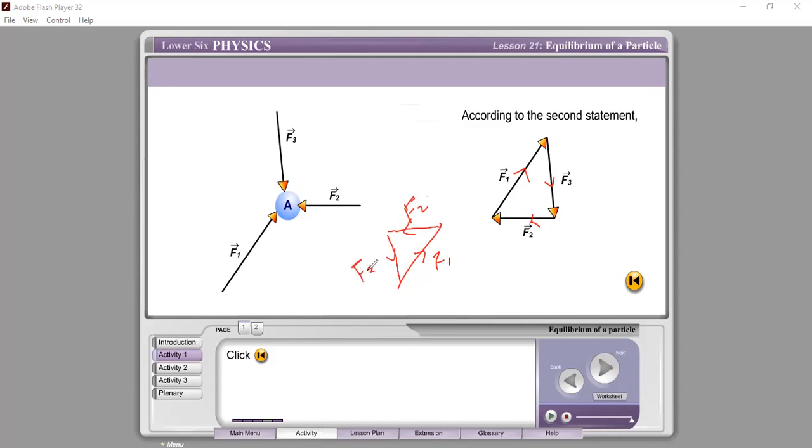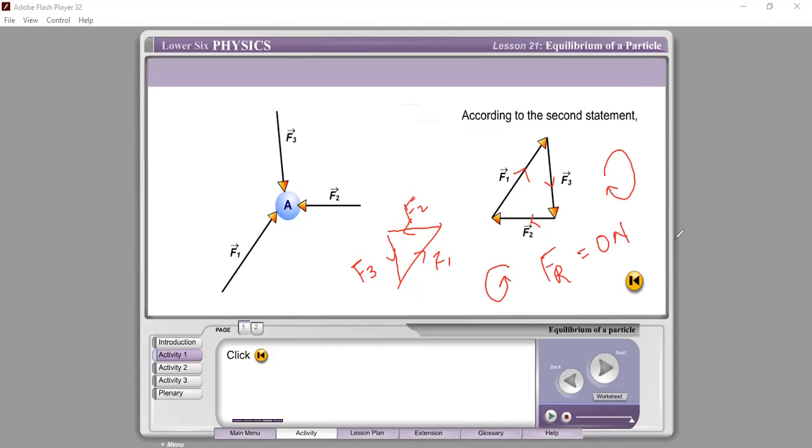So this is the F3. At the end, I still get one direction again. So this triangle is in the clockwise direction, and the other triangle is in the anti-clockwise direction. Clockwise and anti-clockwise directions show that the resultant force is equal to 0 Newton.